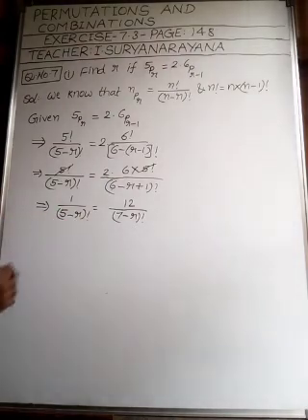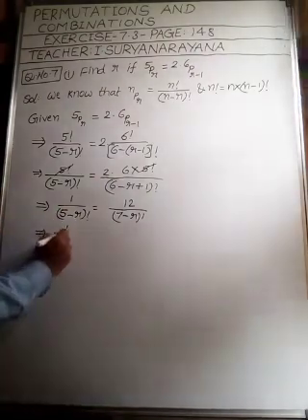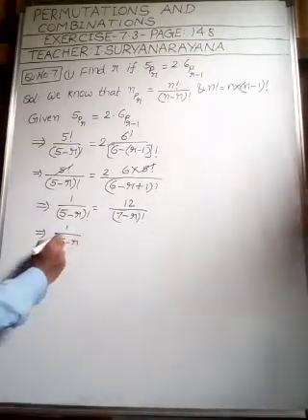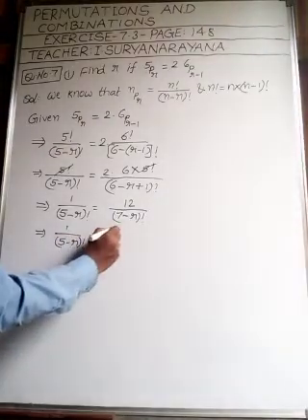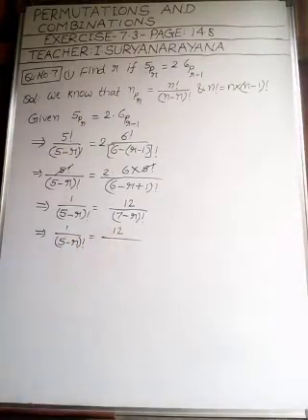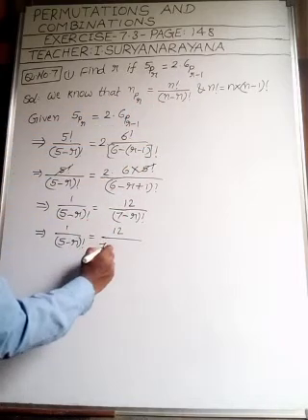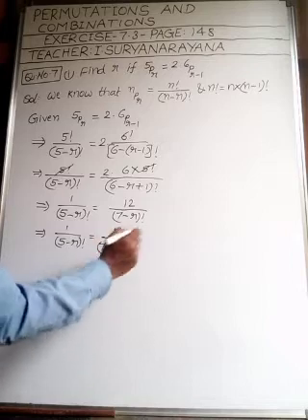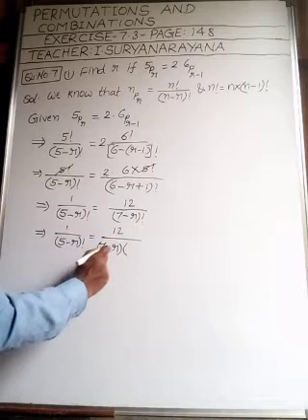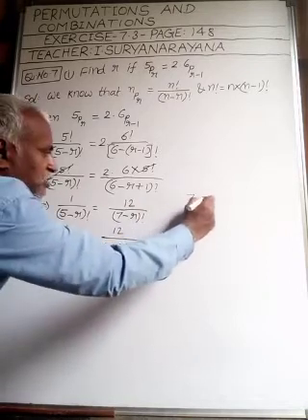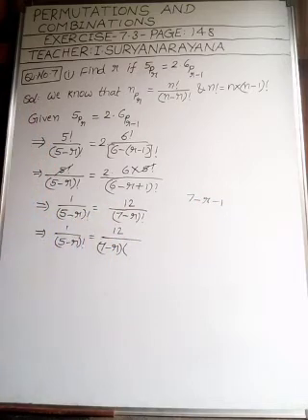Right. This implies 1 by (5 minus r) factorial is equal to 12 by, now let us expand by using that property. 7 minus r, we have to reduce by 1.